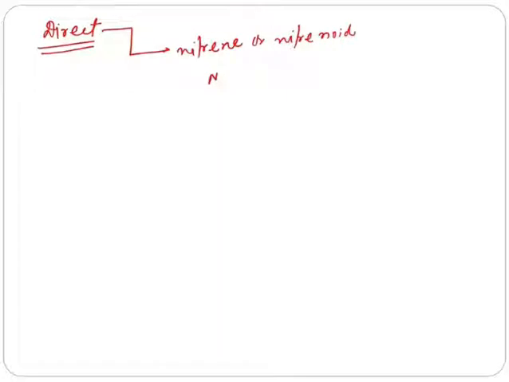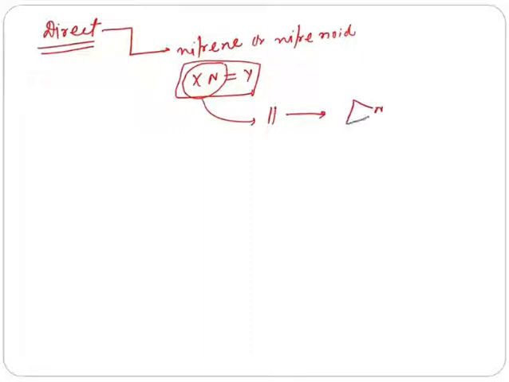It looks like this, and here this portion is actually inserted into the olefin to give aziridine, and this is called nitrene.